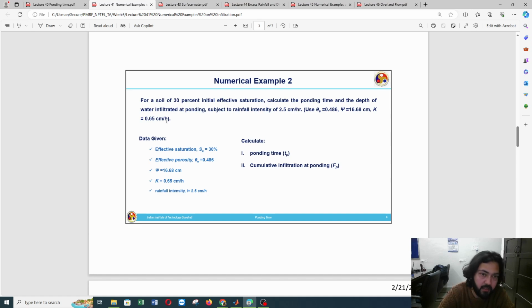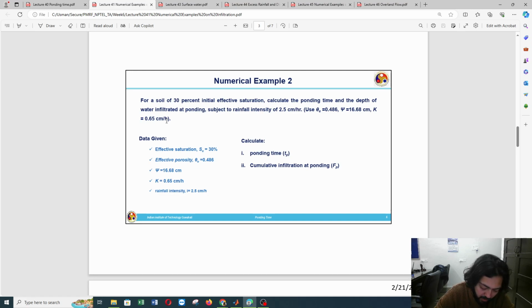Here they are saying that the initial effective saturation is 30%, that is Se is equal to 0.30. Then rainfall intensity is 2.5 centimeter per hour, and they have given effective moisture content as 0.486, psi equals 16.68 centimeter, which is suction head, and K equals 0.65 centimeter per hour. And they are asking us to calculate two things.